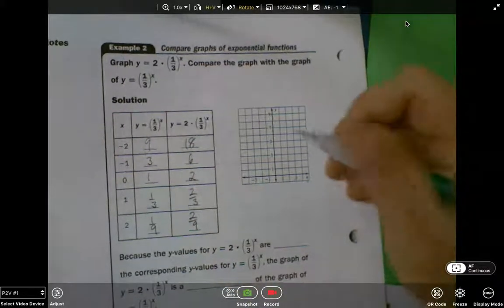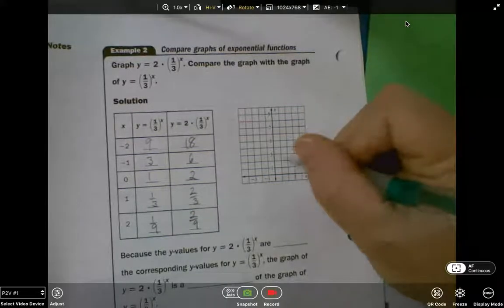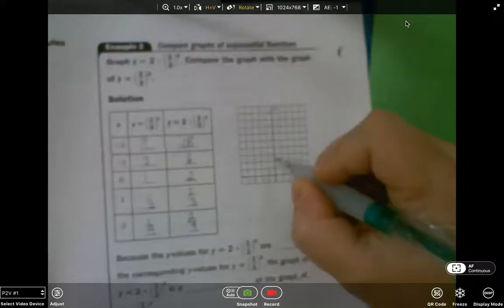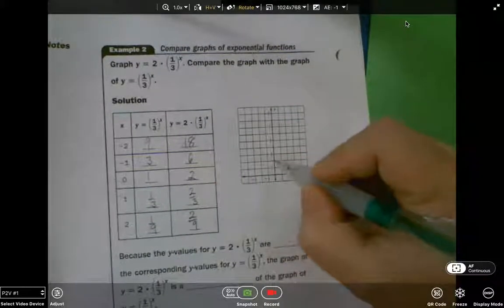So now when I graph this function, we start at the y-intercept, which is (0, 2).